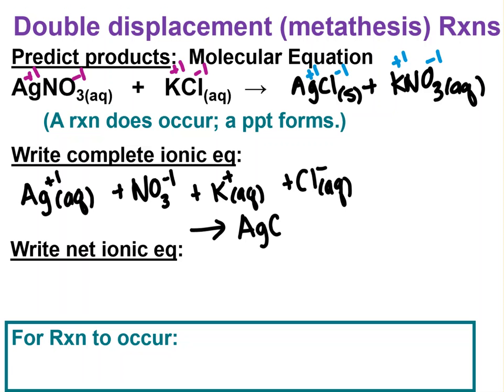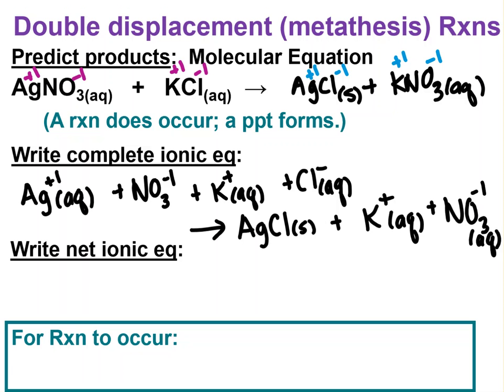Now the silver chloride, it's a solid, so I don't split it apart. It is actually stuck together in a solid crystal. But any of these ionic compounds that say aq, or we know they're dissolved in water, then we split those apart. Okay, also when I do this, I should be writing state symbols on everything.